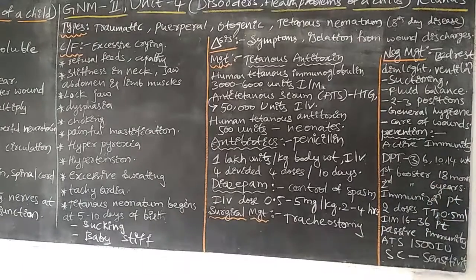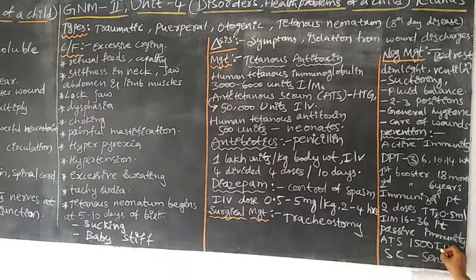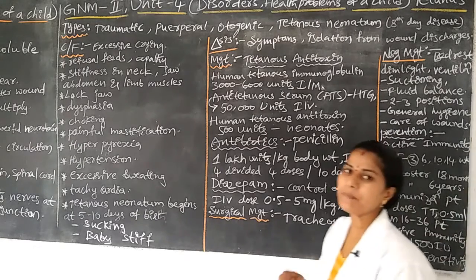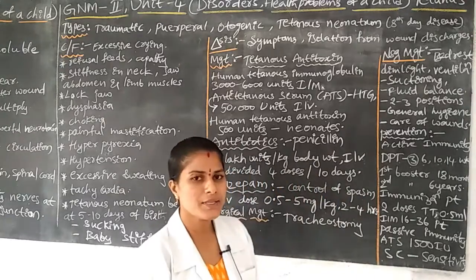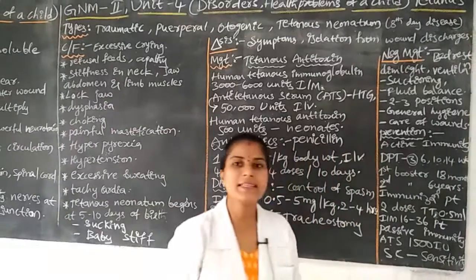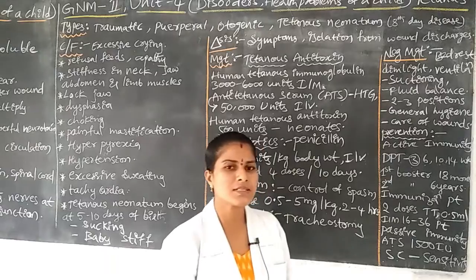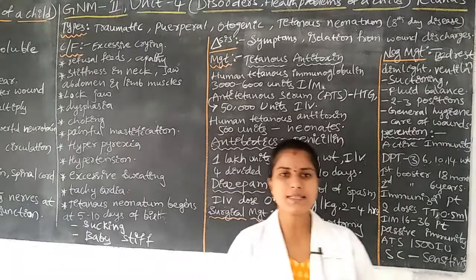Next, passive immunity. In this passive immunity, we have to administer anti-tetanus serum. The dosage is 1500 international units. The route is only subcutaneous. We have to administer only subcutaneously after doing a skin sensitivity test. One test we have previously discussed, what is that skin sensitivity test?